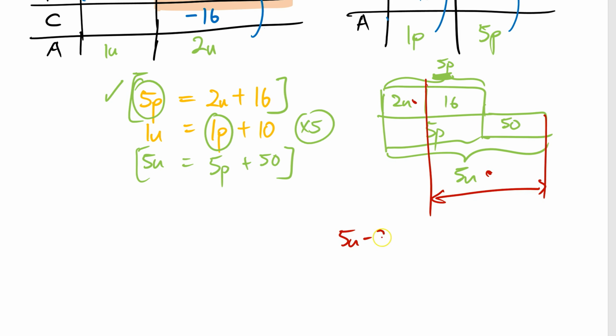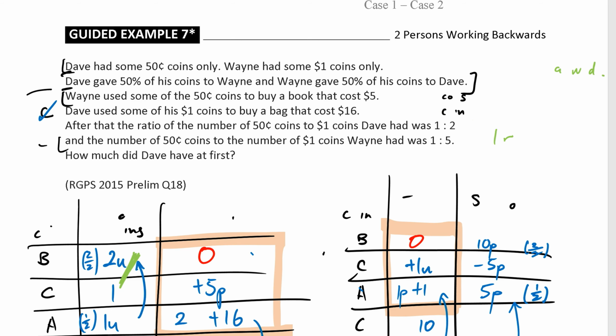(5U minus 2U) gives you 3 units. Then this region is also 50 plus 16. So that is 66. 3 units is 66. 1 unit is 22. So this Dave has got 22. Wait, he has got 2 units. If I were to move this up, he has got 2 units at first. Alright?